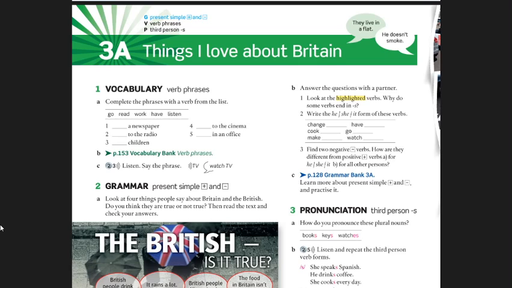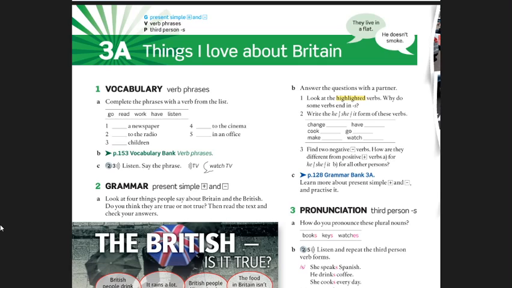And we are going to see verb phrases and the pronunciation of the third person in this tense, okay? The different pronunciations for the ending for the third person singular, okay?